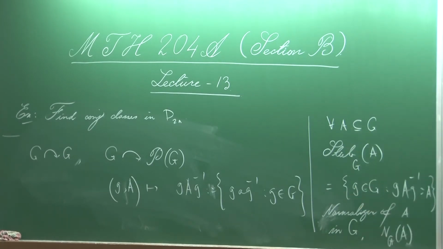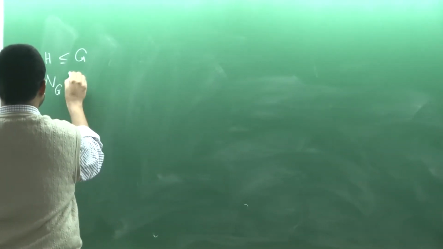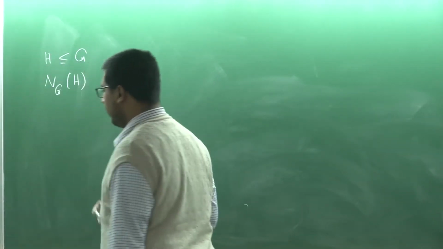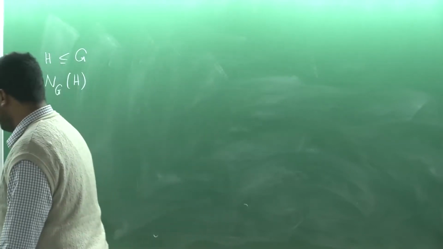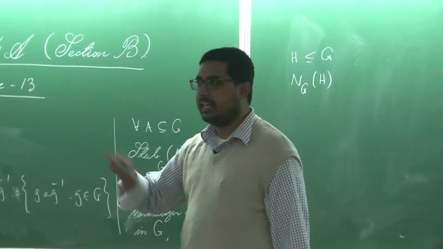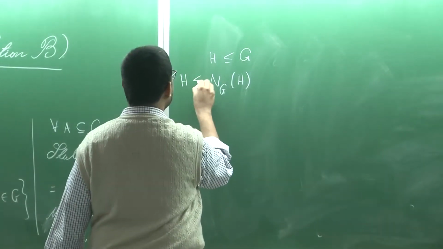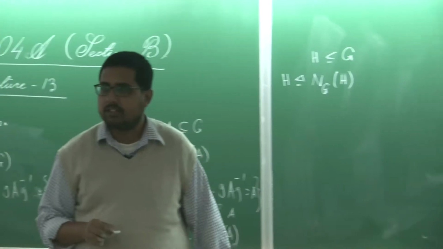In particular, when A is a subgroup, so if H is a subgroup of G, then of course we can talk about its normalizer. For every g lying in this normalizer, gHg^{-1} will be H. So that means H has to be normal inside N_G(H).